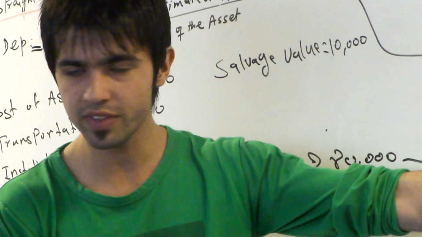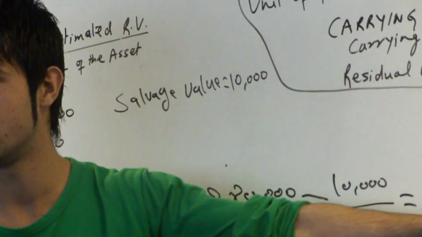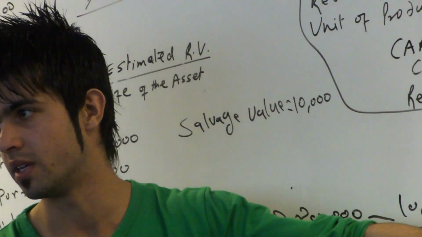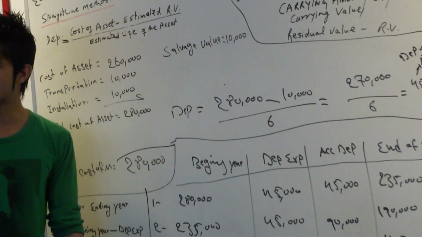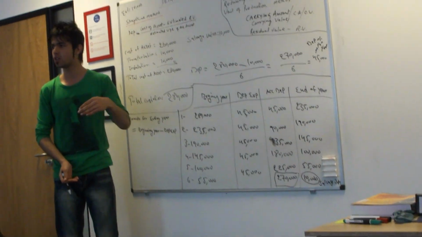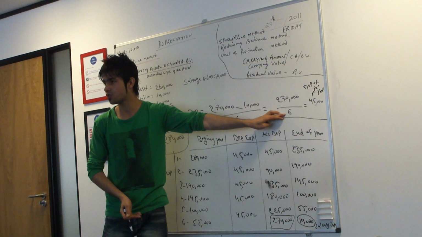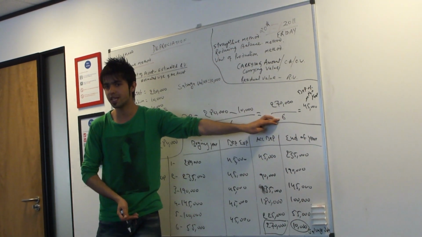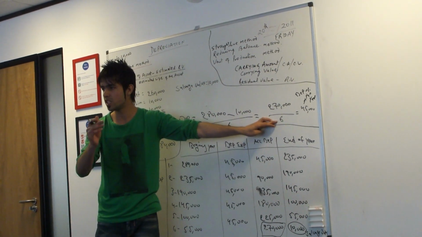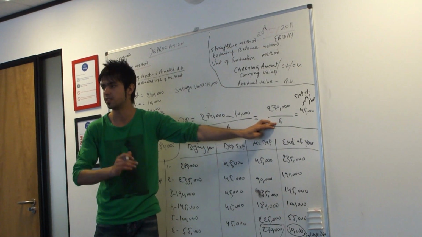So this 45,000 is our depreciation expense. Now let's start to calculate up to 6 years, because its useful life is 6 years, and questions like this ask you to calculate depreciation expense for all 6 years.